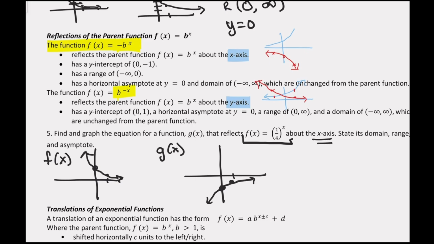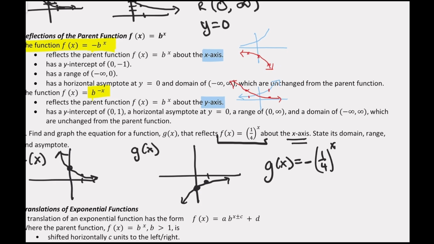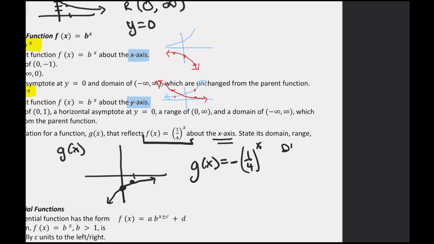Now, based on the two things that we highlighted in yellow above, when it reflects over the x-axis, we will see that by taking all of the original y values, and doing the opposite, okay? Domain, -infinity to infinity.